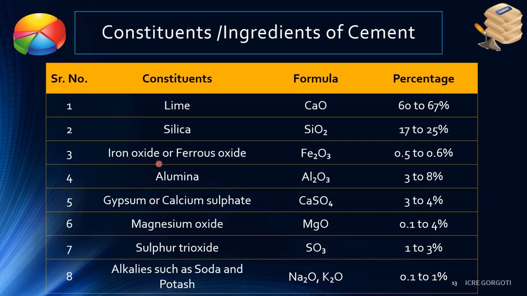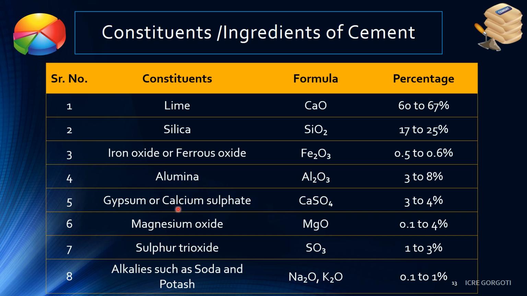The third constituent is iron oxide or ferric oxide. Its formula is Fe2O3 and its percentage is 0.5 to 0.6%. The fourth ingredient is alumina. Its formula is Al2O3 and its percentage is 3 to 8%.